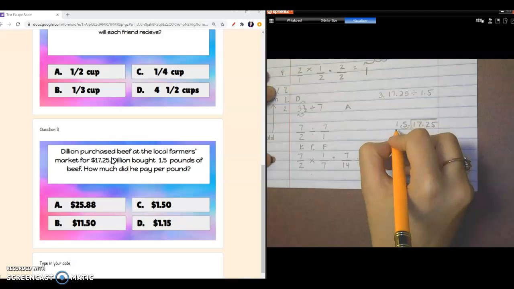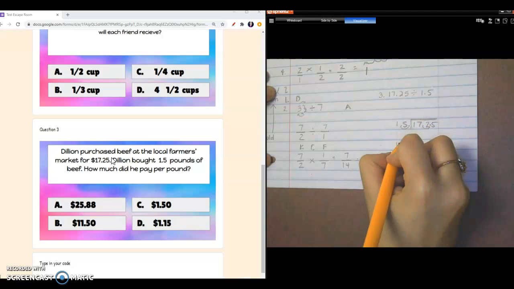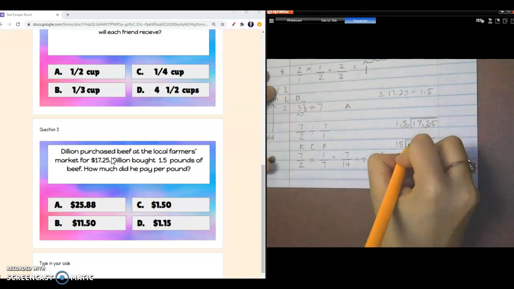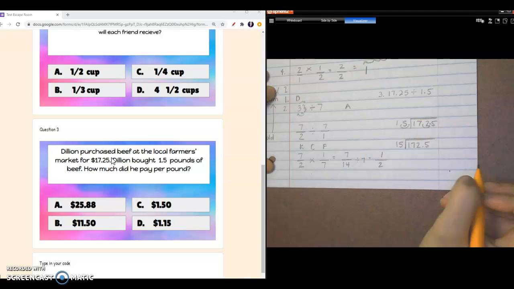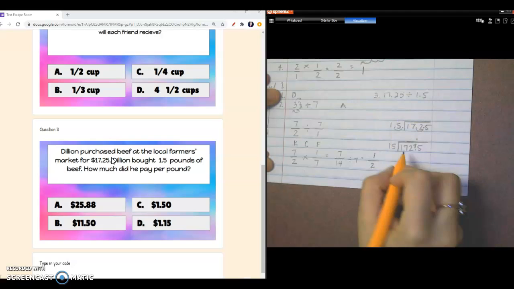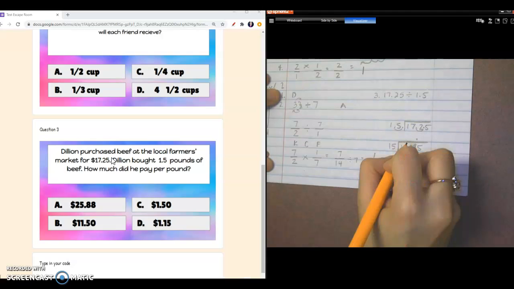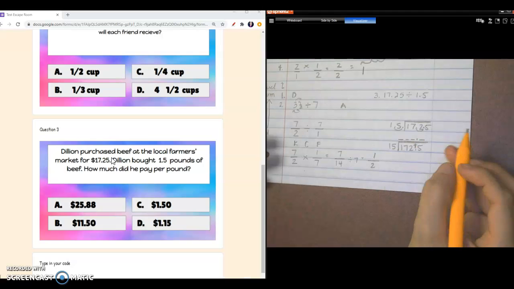And whatever I do to the outside, I do to the inside. So now I have 15 on the outside and 172.5 on the inside. And then I need to bring my decimal up. I need 3 digits before my decimal in my answer and 1 after. And now I can divide.